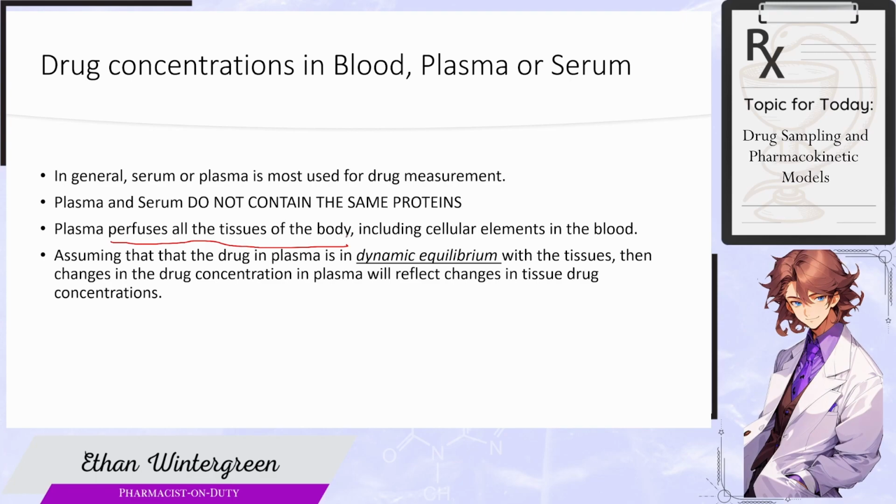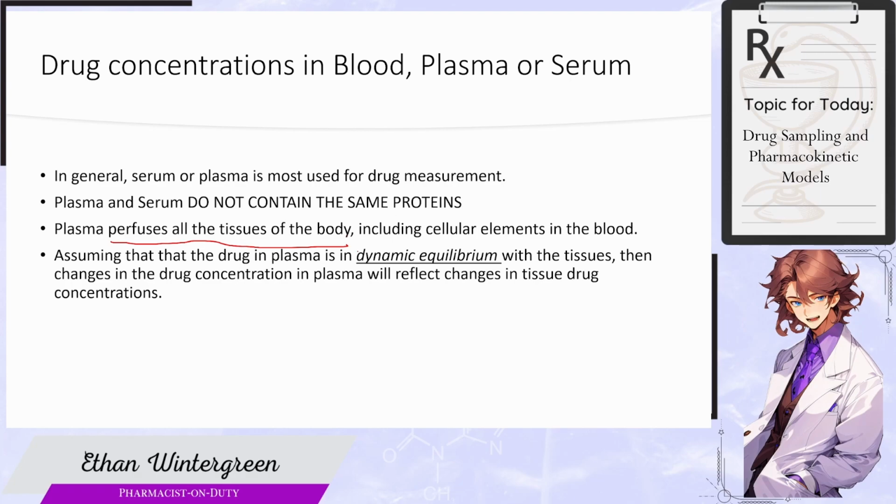And assuming that the drug in the plasma is in dynamic equilibrium with the tissues, if we take a drug sample from the plasma, it represents the whole body. So if the plasma concentration is 12 milligrams per liter, then the body tissues also have 12 milligrams per liter. In short, since the plasma is in dynamic equilibrium, what the concentration of the plasma is, it is equal to the drug concentration in the tissues.